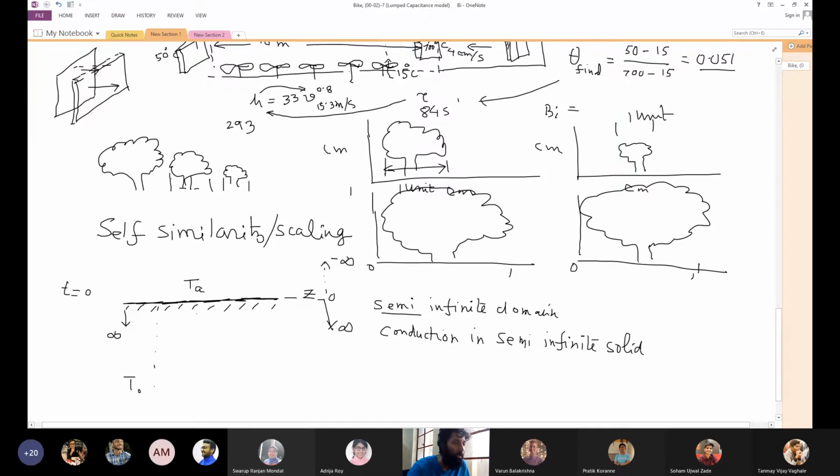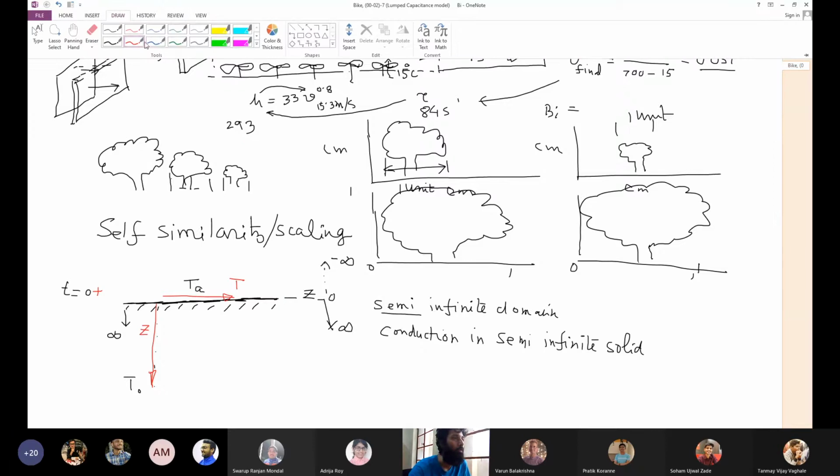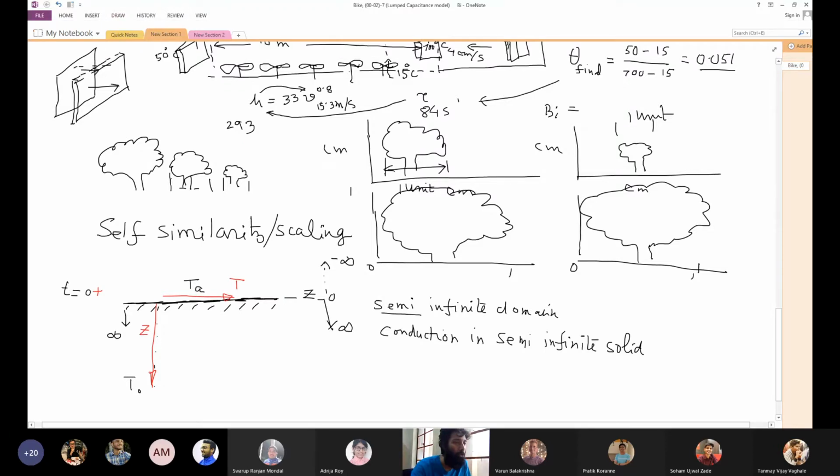Now, you see at time t equals 0 plus, you suddenly make this TA. Let me call this the temperature axis, and this is the z axis. At time t equals 0 plus, this surface temperature has been set to TA, but the other part of the solid is still at a temperature of T0.